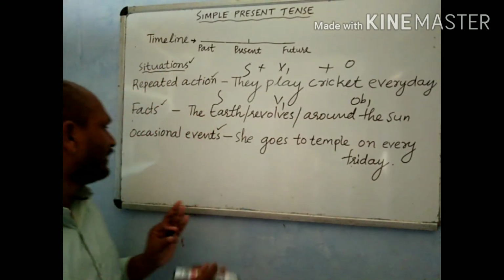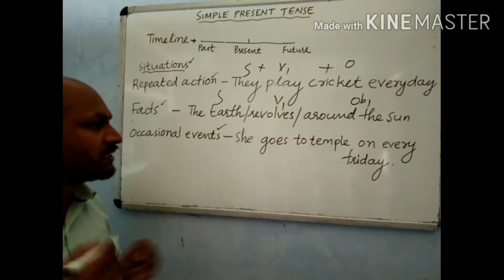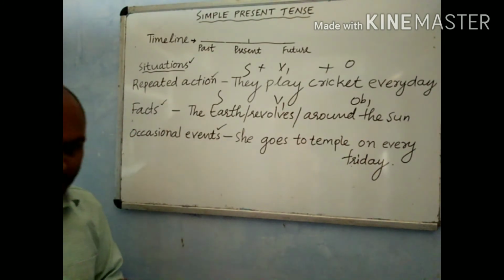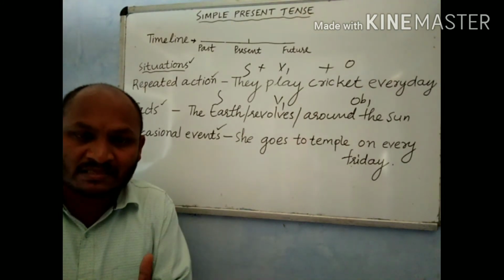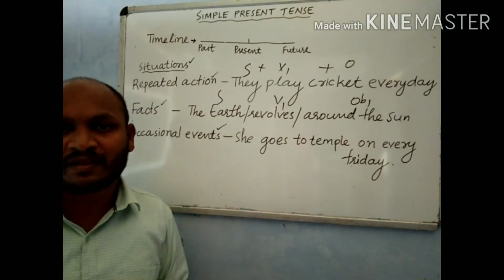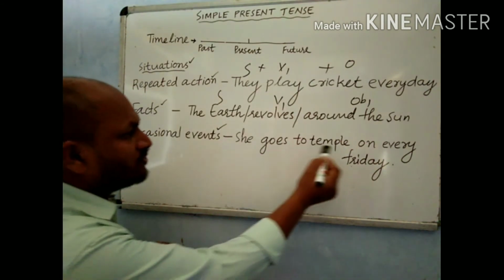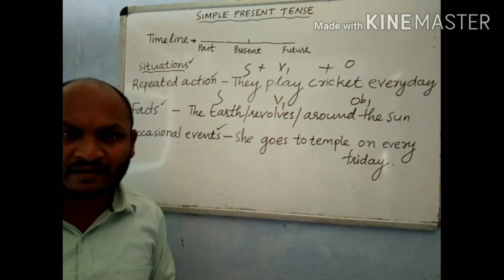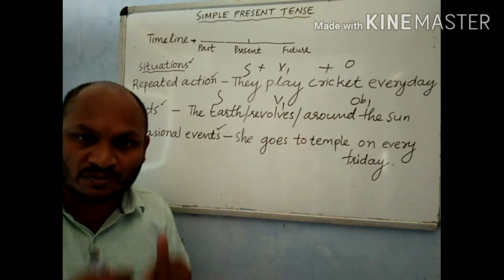We shall see the next situation, occasional events. Occasional events means it is not happening daily, but it happens at a regular interval, or occasionally, or often. She goes to temple on every Friday. This Friday she goes to temple.